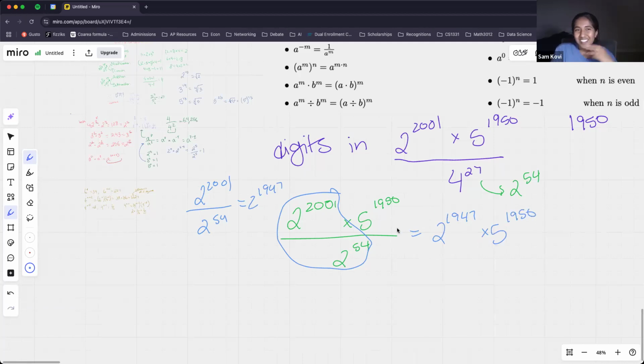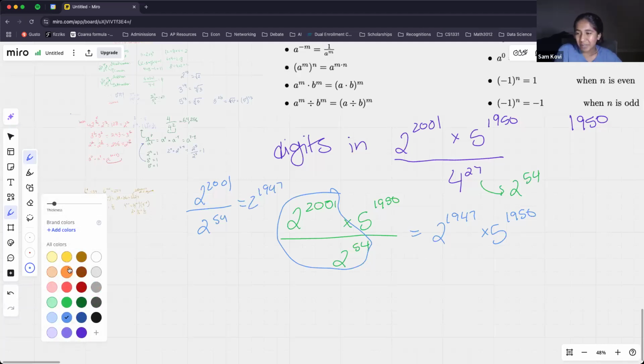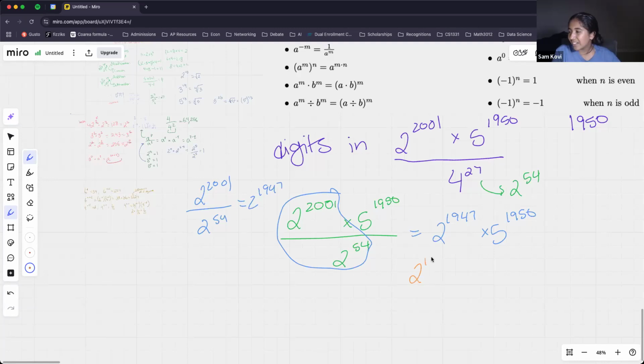Okay, so we still have ginormous exponents, but we no longer have a fraction, which is good. It's really good. Now, I'm going to do a little bit of fun grouping. I'm going to do 2 to the power of 1947 times 5 to the power of 1947 times 5 cubed.